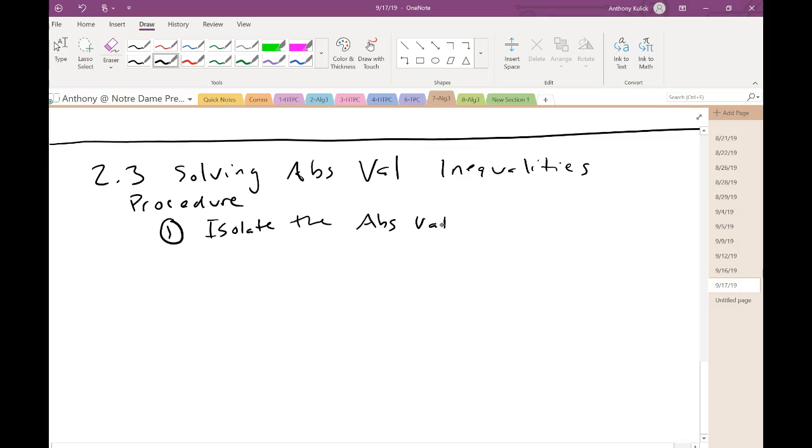First step is to isolate the absolute value on one side of the equation, just like we did previously.